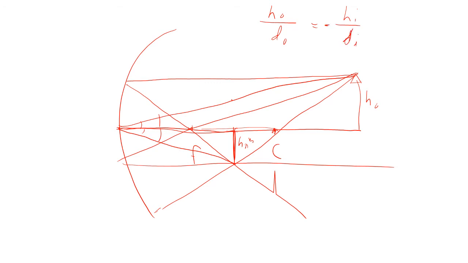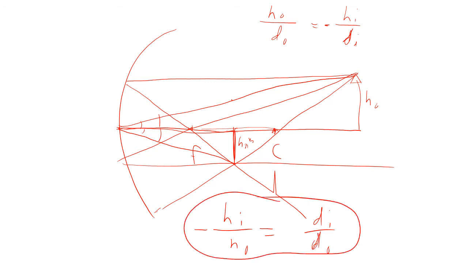Well, sort of. We should put a minus sign in there, because the image height is negative, it's upside down. And so we would then say that minus HI over HO equals, interestingly enough, DI over DO. So the spacing here makes a difference.